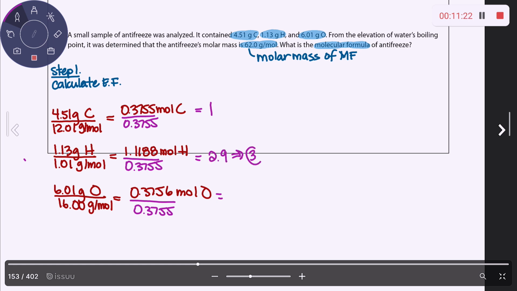You are allowed to round that to 3 because it's 0.1 away. So my empirical formula is CH3O. They want us to determine the molecular formula. They gave us the molar mass of the molecular formula. It's 62.